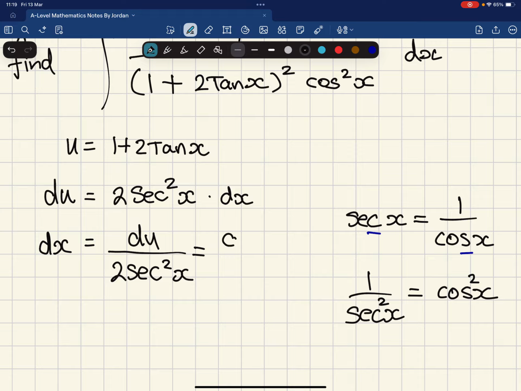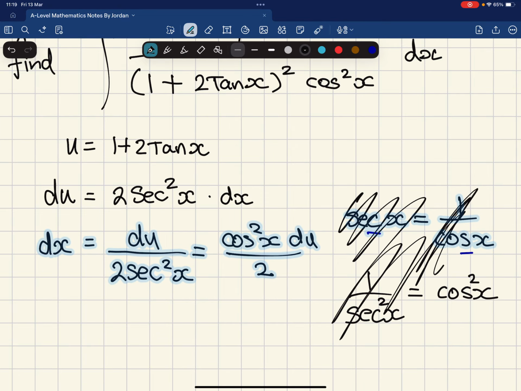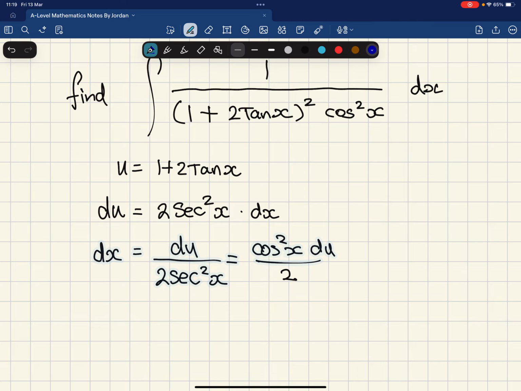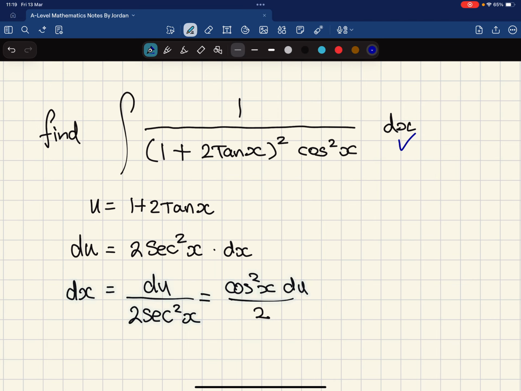And so I'll write this as cos squared x du over 2. So there, straight away, I have something for dx. And then remember, I have this substitution for u, and so that gives me this part here.